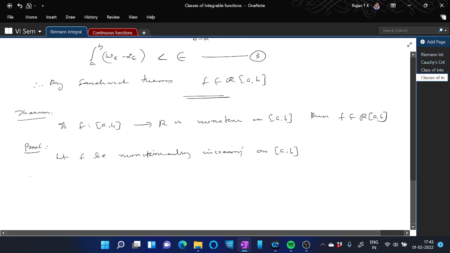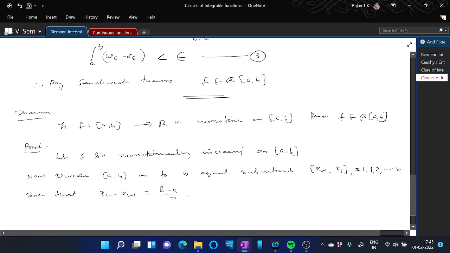Now divide or partition the interval [a,b] into n equal subintervals, say [x_{i-1}, x_i], i equal to 1, 2, etc., n, such that x_i minus x_{i-1} is equal to (b minus a) divided by n.